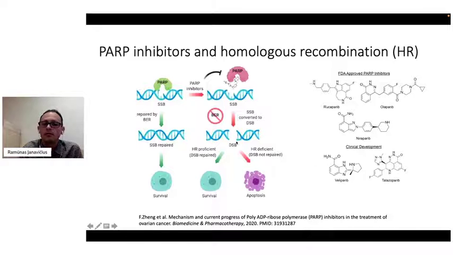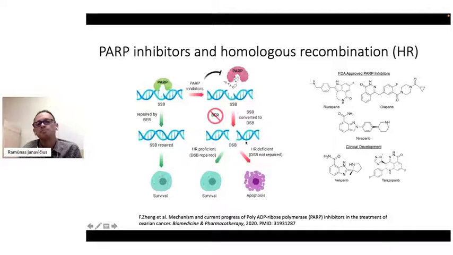And for double-stranded breaks, there are other systems involved in the repair, called homologous recombination. BRCA1, BRCA2, ATM, and other genes are involved in this system, the so-called homologous repair genes.